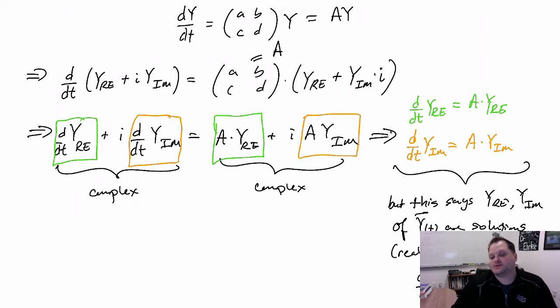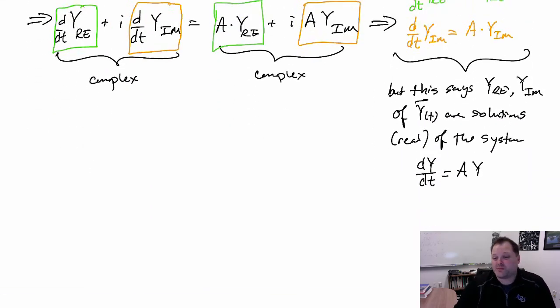Because if you differentiate this, you get A times it back. That's what a solution to this system has, that property. So the real part and the imaginary part of our complex solution do indeed satisfy the original problem.